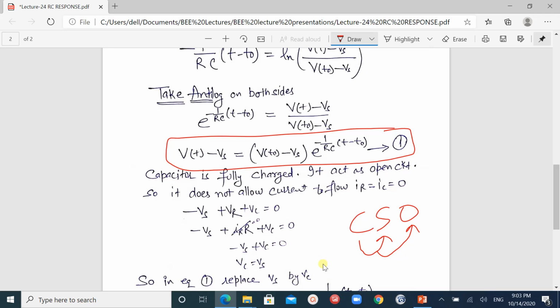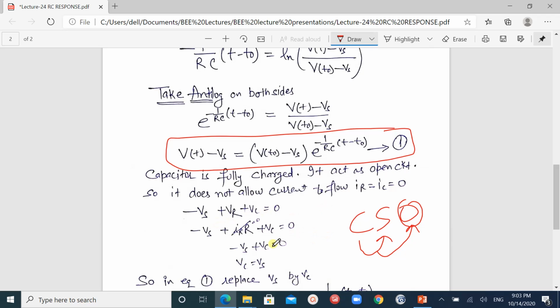When the capacitor is fully charged, it is an open circuit. So here it is written: capacitor is fully charged, it acts as an open circuit. So it does not allow current to flow, that is IR is equal to IC is equal to 0.